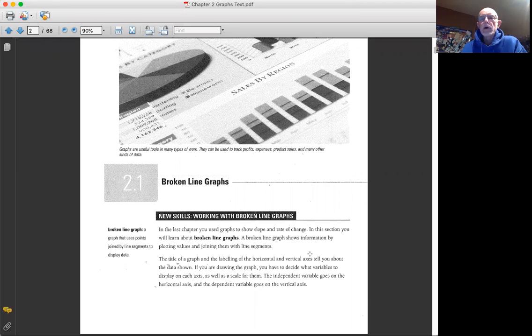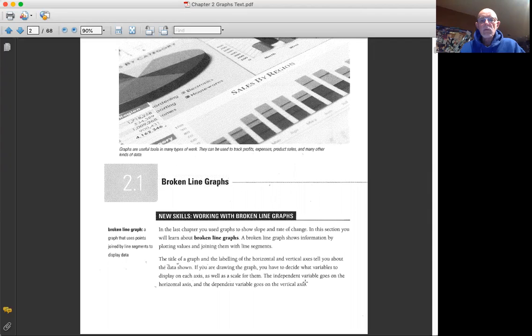Okay, broken line graphs is probably the most common that you've seen. With COVID going on, you see a lot of graphs like that, line graphs and stuff like that, broken line graphs. And what broken line graphs do is that they go from data point to data point to data point to show ups and downs in data.